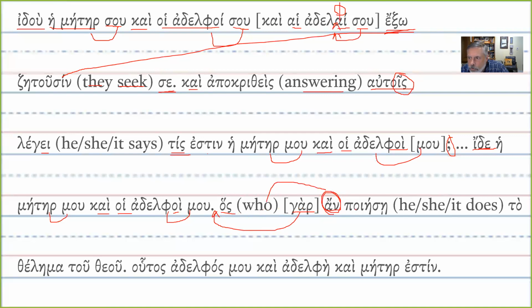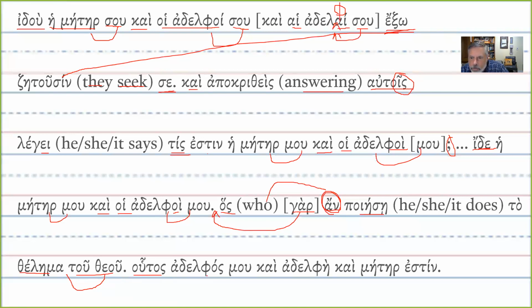For whoever does, he, she, it does, whoever does the will, genitive, of God, excuse me, not Father. Whoever does the will of God, houtos, there's a demonstrative pronoun, this one, and so we'll do that next week.